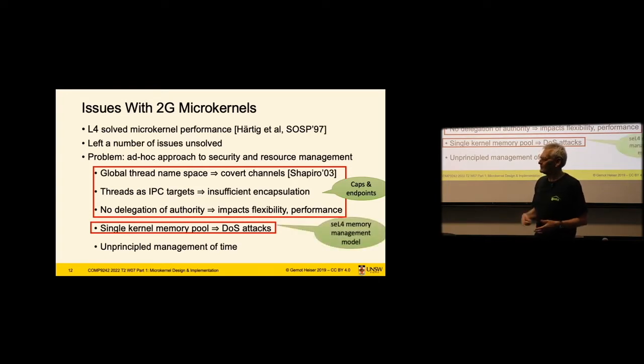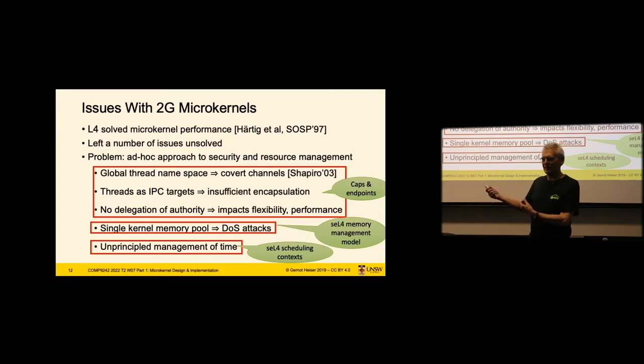So, yeah, the SeL4 memory management model. And the third one, and I'll go through that in a bit of detail, is the unprincipled management of time, which the original SeL4 didn't solve. We basically left time as a to-do for later and finally managed to fix that a few years ago. And this is what characterizes the MCS kernel, that it has capabilities for time, basically, and therefore principled time management.